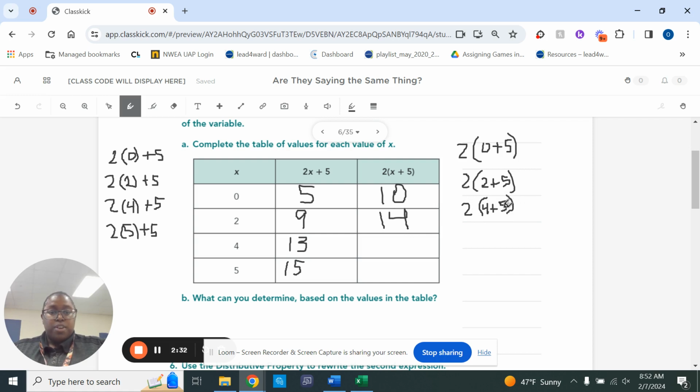So 4 plus 5 is 9, times 2 is 18. And then we have 2 times the quantity of 5 plus 5. So 5 plus 5 is 10, times 2 is 20.